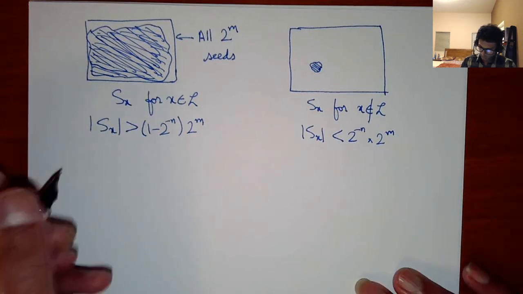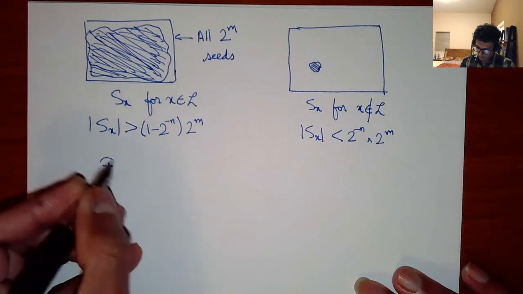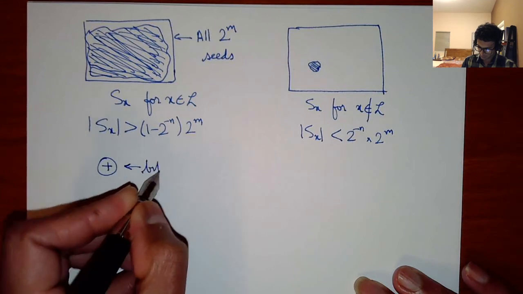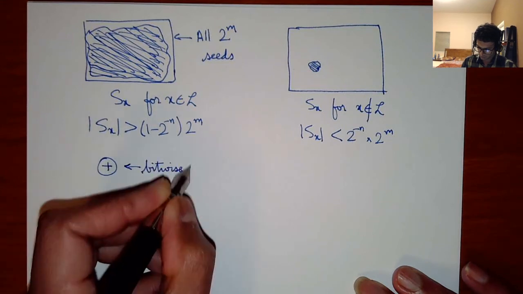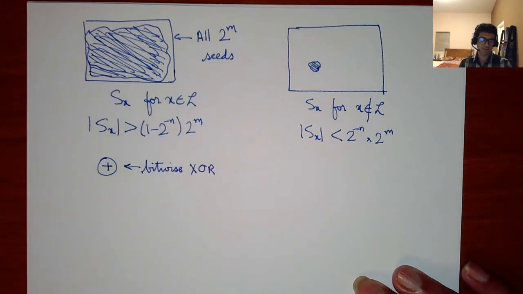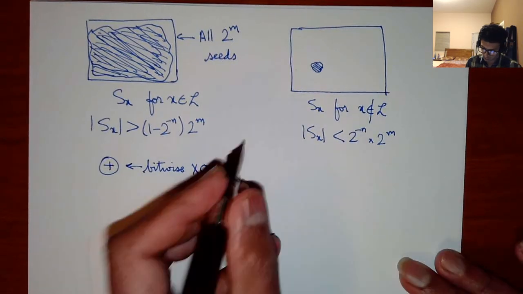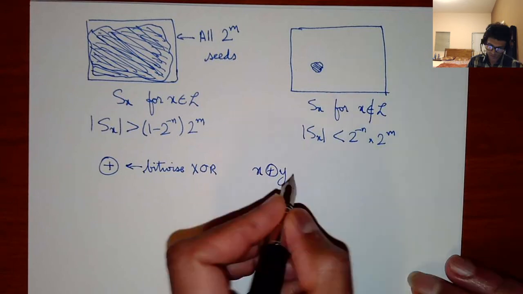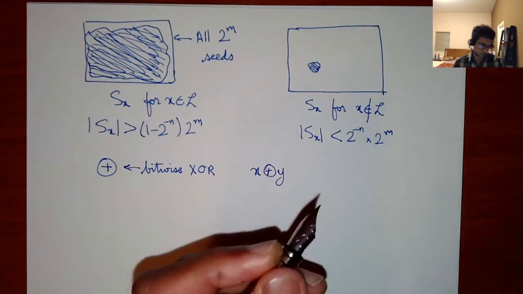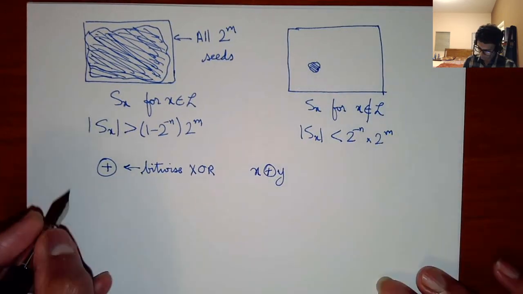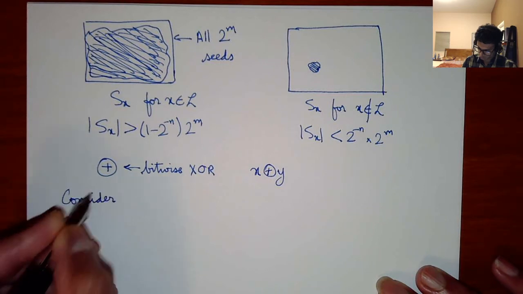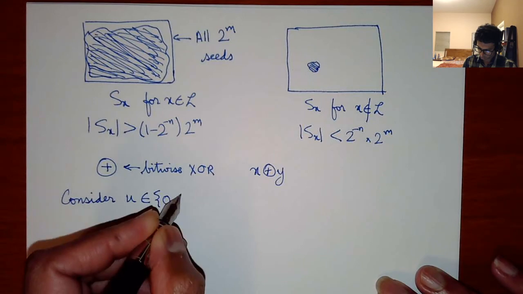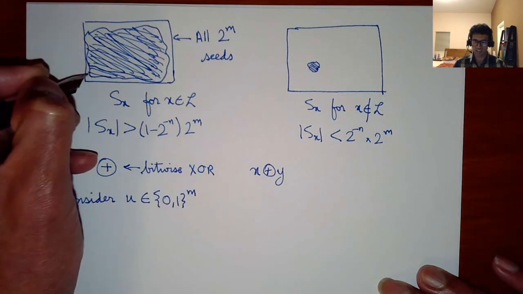For that, I'm going to use this symbol as just the bitwise XOR. So I could take two strings, x and y, and this will give me a new string. This is just bitwise XOR. Okay, so consider a u in 0, 1 to the m. So that's another string in this set.